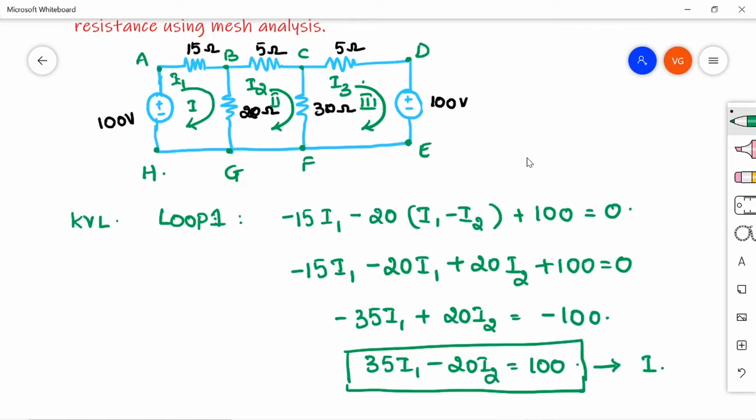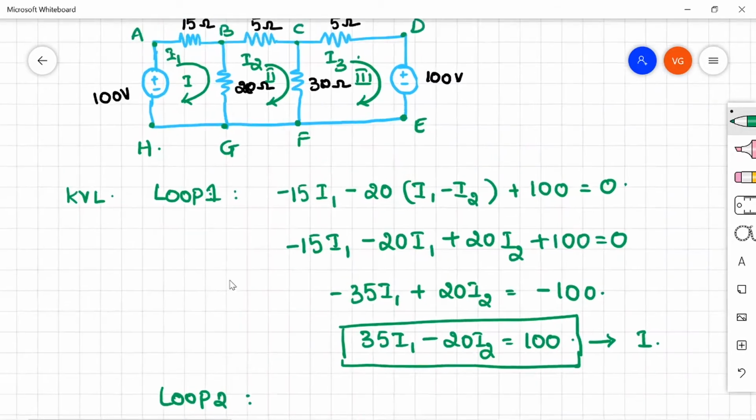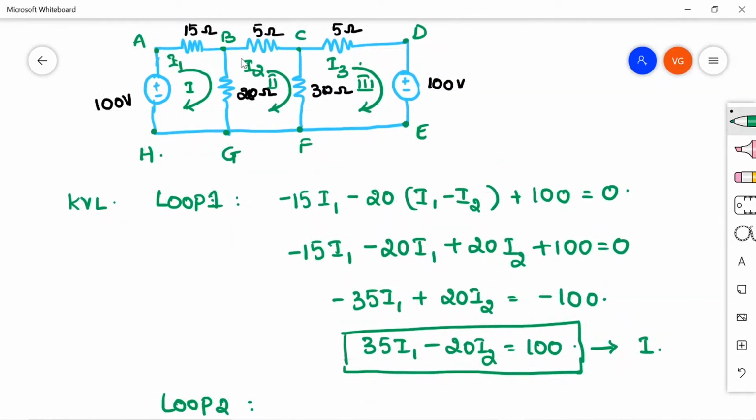Similarly, write the KVL in loop 2. So from the B, C, F, G, B loop, the loop 2 equation you can write as: I have here 5 ohms, the current flowing is I2, minus 5 I2. Again from CF branch minus 30 into I2 minus I3.